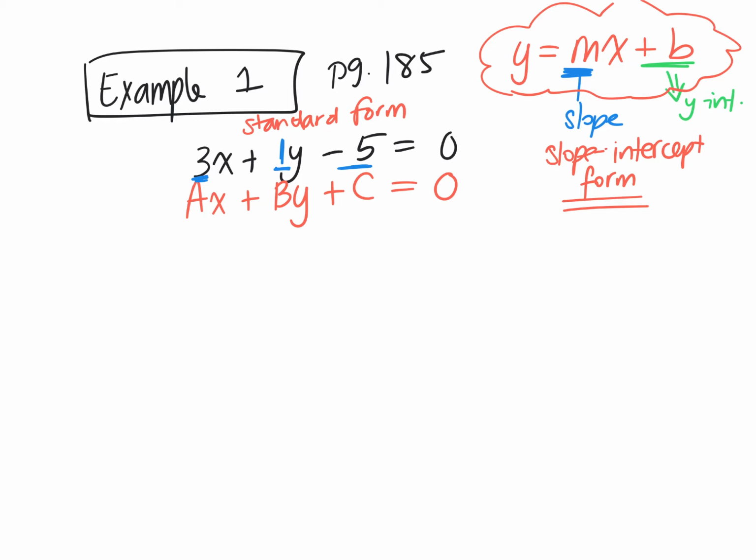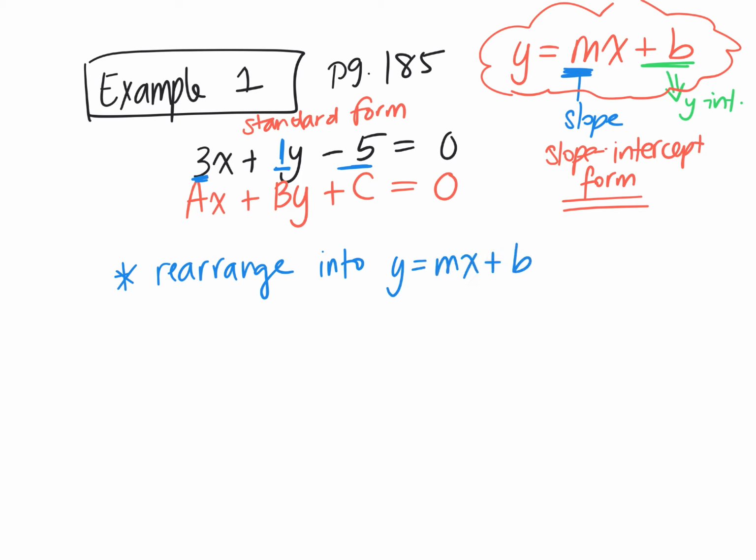If I give you the equation, I say, tell me the slope and the y-intercept. What do you have to do? You have to rearrange it, right? You have to move the equation around. So you have to rearrange the equation into y equals mx plus b.